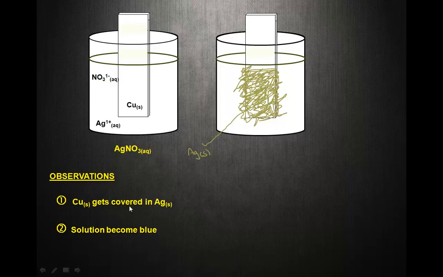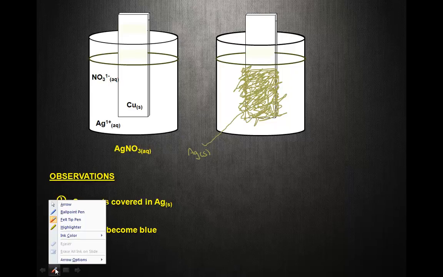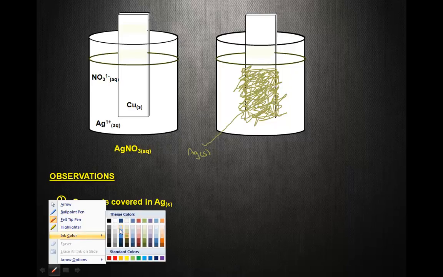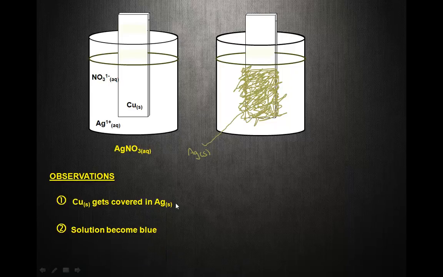Okay, so what I would do on your page is, what I'm about to write, I would put it underneath where you have written this sentence. And what is going on for the copper to get covered in silver? I'm going to draw an arrow. You write what I'm writing underneath right here in your notes.